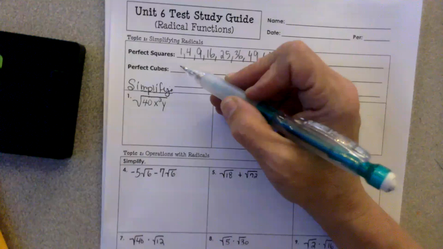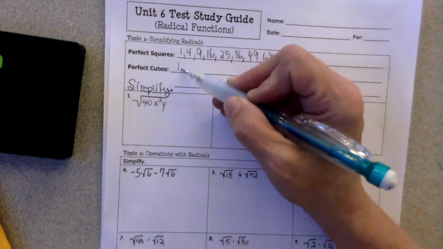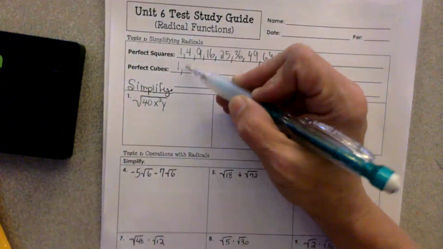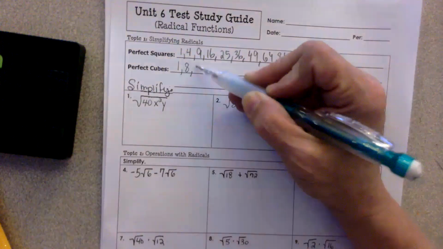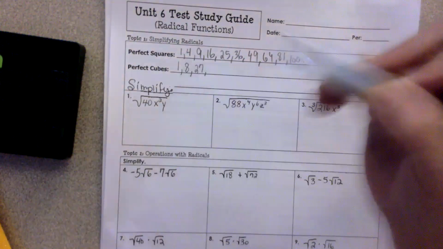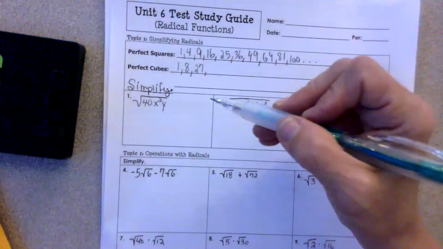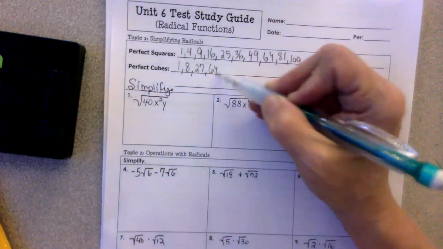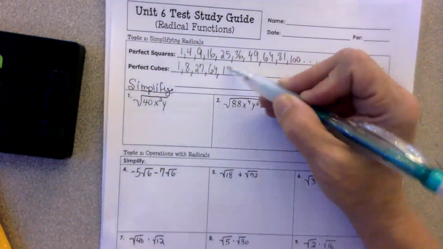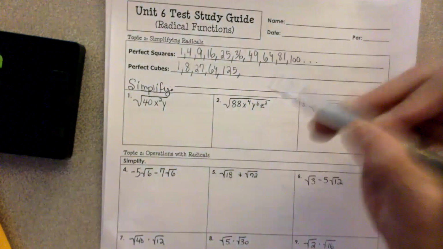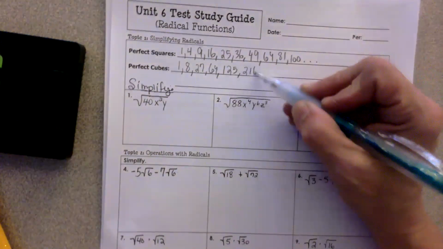And then your perfect cubes: 1 times 1 times 1 is 1, 2 times 2 times 2 is 8, 3 times 3 times 3 is 27, 4 times 4 times 4 is 64, 5 times 5 times 5 is 125, 6 times 6 times 6 is 216.